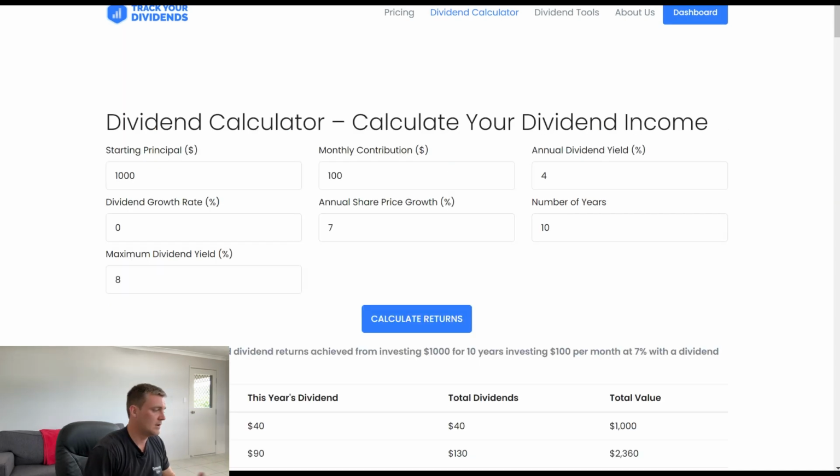Okay. But let's just say, for example, you're in a different sort of boat to whatever this is. Let's just say you have a little bit less money. Let's just say your initial investment was $50, although your monthly contributions are slightly higher. Let's just say every month $400, that's $100 a week.